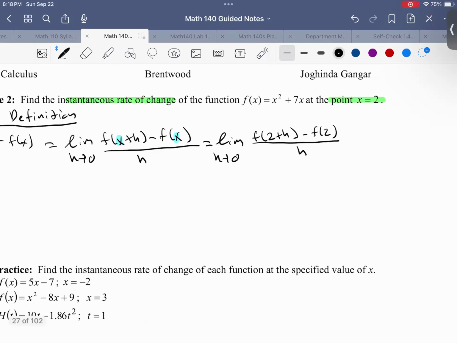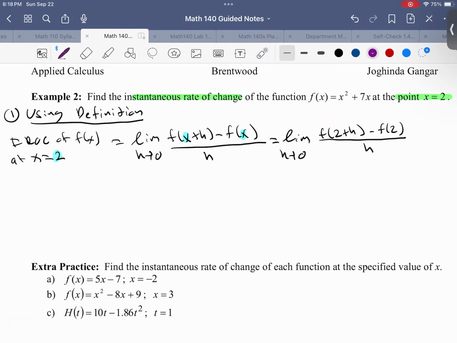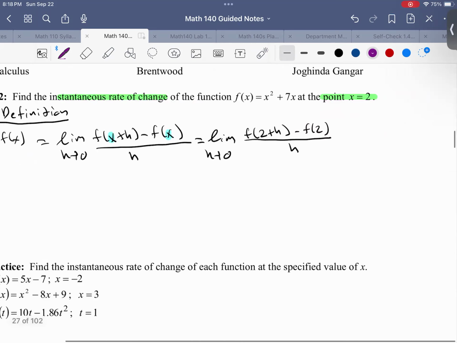So what this means is that this 2 plus h and this 2 are inputs. So I need to plug in this guy into there and this guy into there separately though, right? So I'll write it out and then we'll do some scratch work after that.